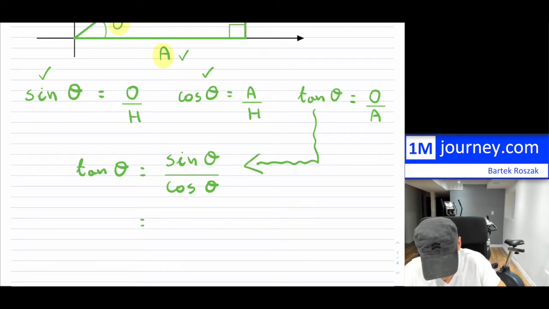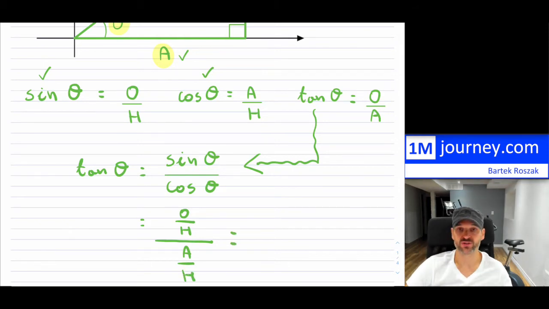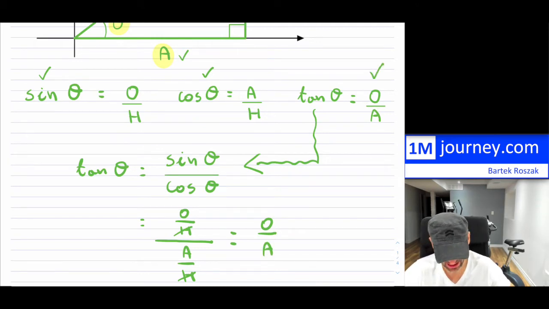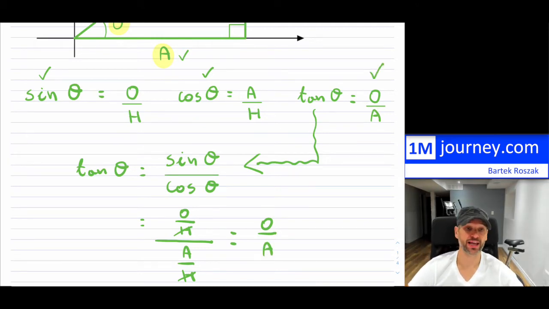Sine is opposite over hypotenuse divided by cosine, which is adjacent over hypotenuse. These are just ratios, so they're just some numbers. The hypotenuse itself is going to fall off, and all you're going to get is opposite over adjacent, which indeed is the tangent of an angle.